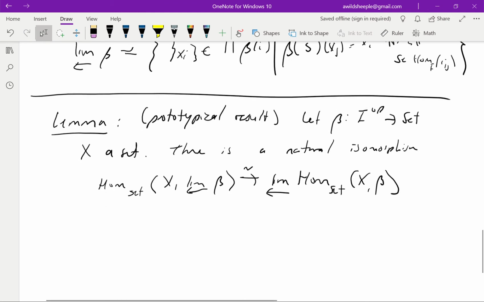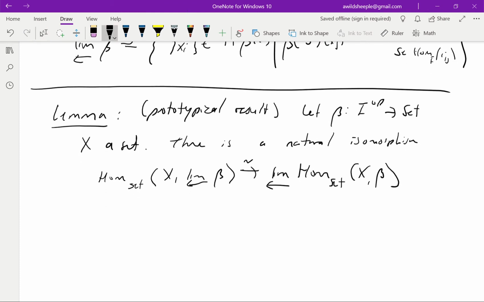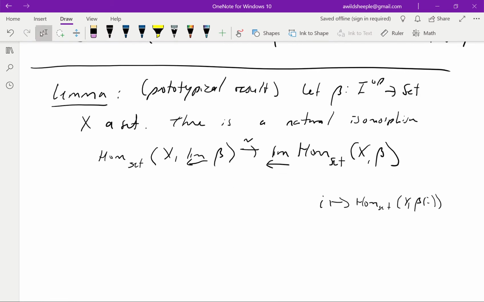And in case it's not completely clear, the right side Hom indicates the functor which takes I to the Hom set Hom(x, β(I)). Okay, and how do you see this? Well, it's just a matter of unraveling the definitions in the right order. So what are the elements on the left?